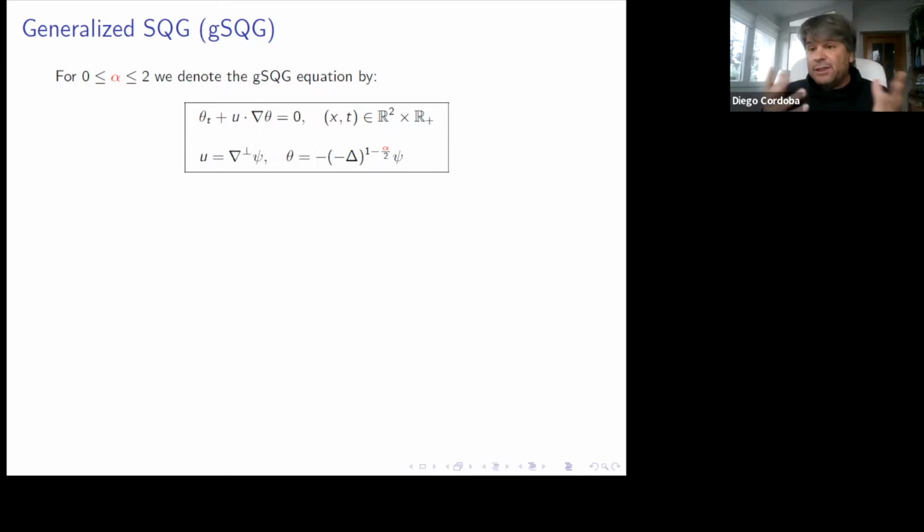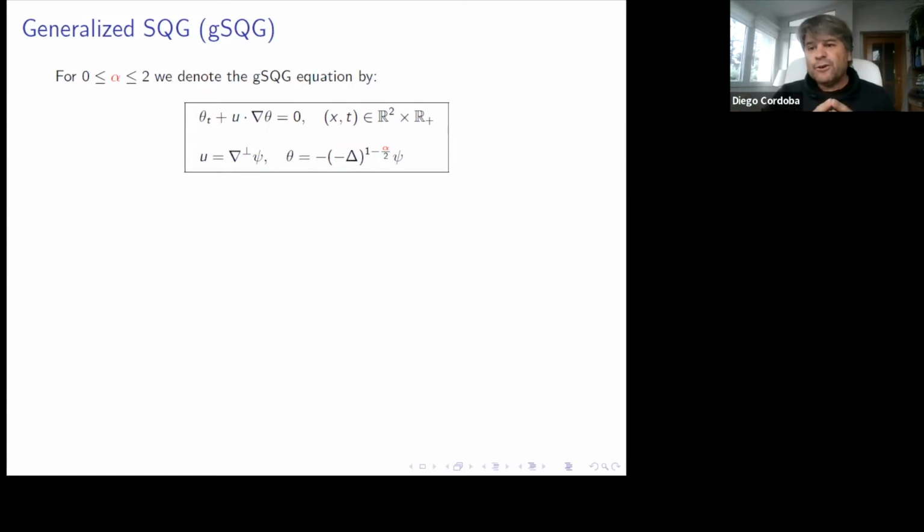The unknown is the active scalar, a function denoted by theta. And this theta is transported by a fluid velocity u, and this velocity is divergence free. So therefore, we can define a stream function and take the velocity to be the gradient perpendicular of the stream function.